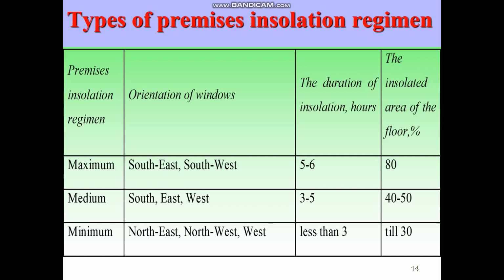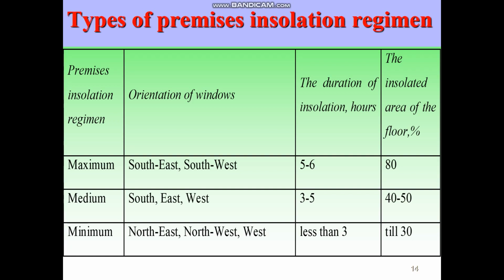According to the hygienic norm, the duration of insolation in residential areas, classrooms, and other premises of similar function must be not less than 3 hours. Sufficient lighting of premises is necessary for creation of normal conditions for visual work and has general hygienic meaning.